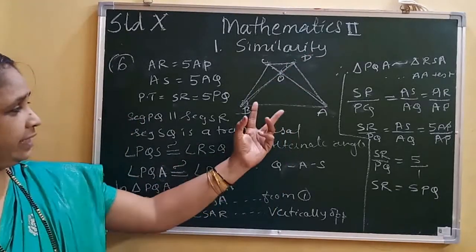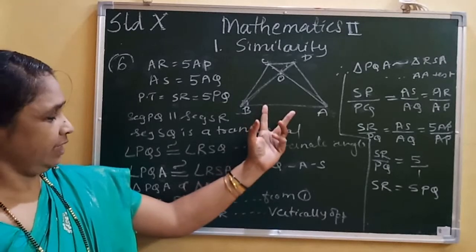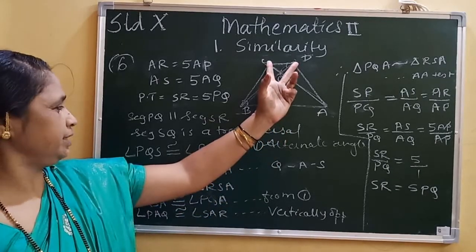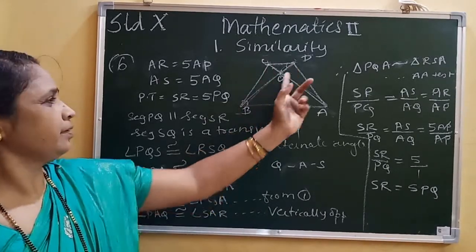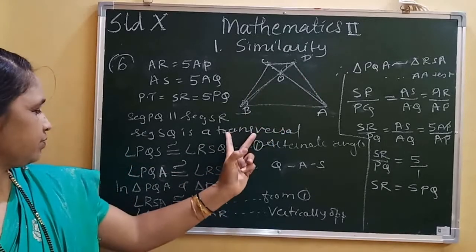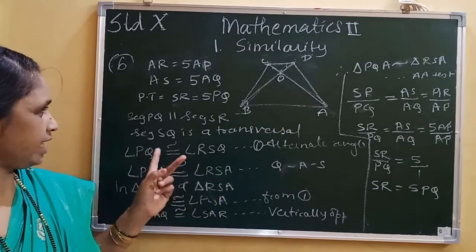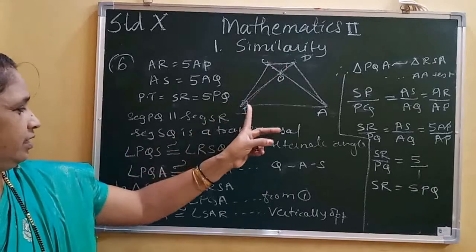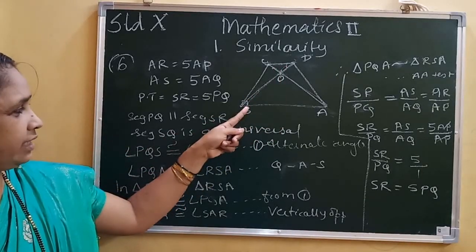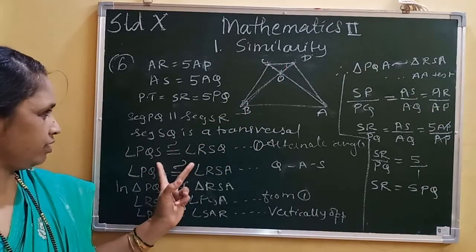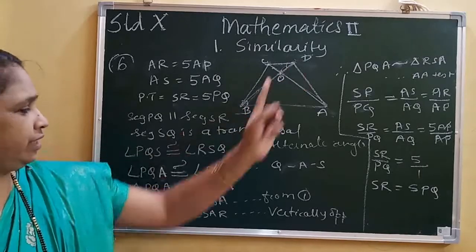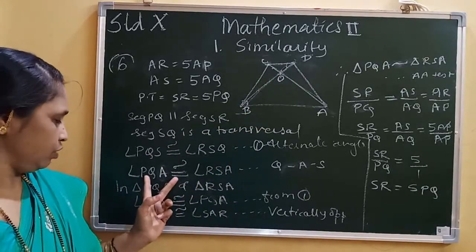So what you have to write? AB is parallel to CD and BD is a transversal. Therefore this angle is what? Alternate angles. They are congruent. Then this BOD, these angles are congruent.